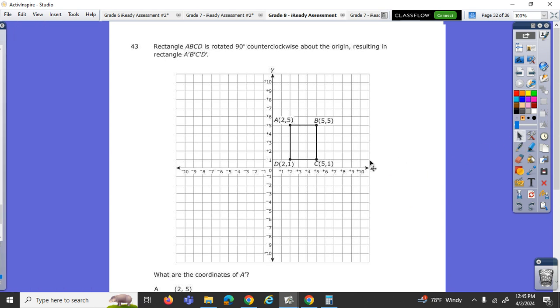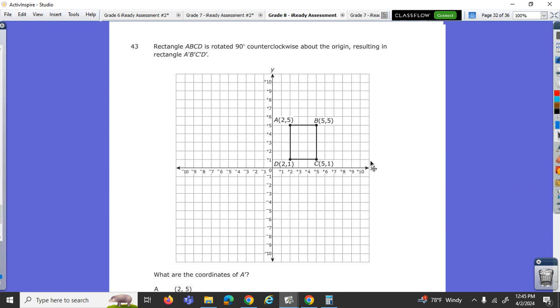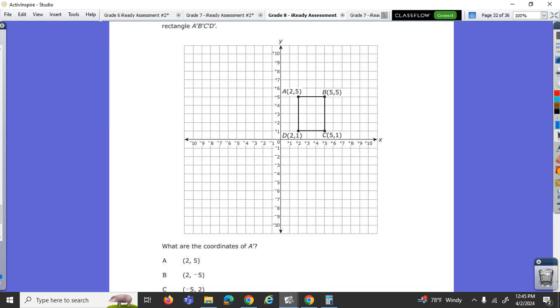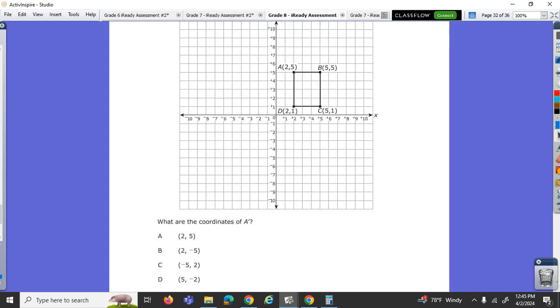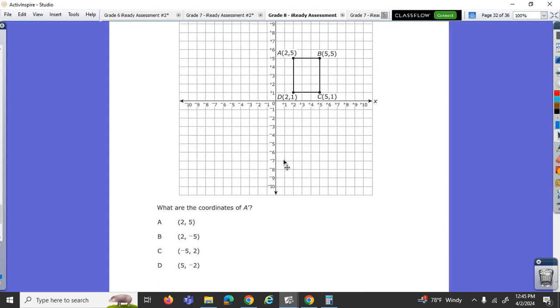All right, number 43. Rectangle ABCD is rotated 90 degrees counterclockwise about the origin, resulting in rectangle A'B'C'D'. Let me slide this up here. We're looking for the new coordinates of A. This is just real world talk, guys.